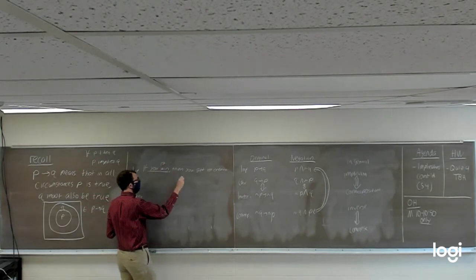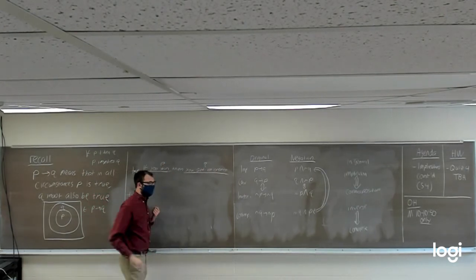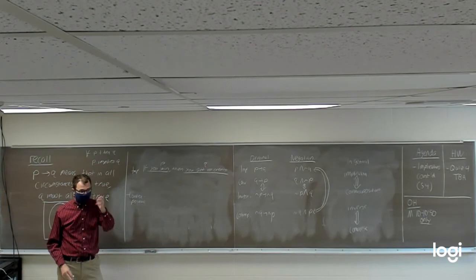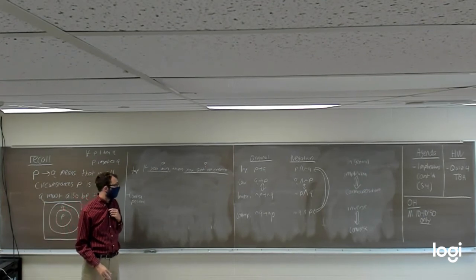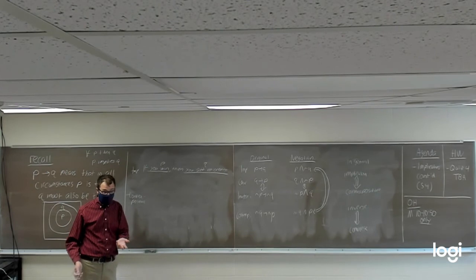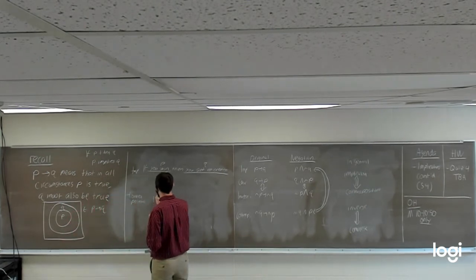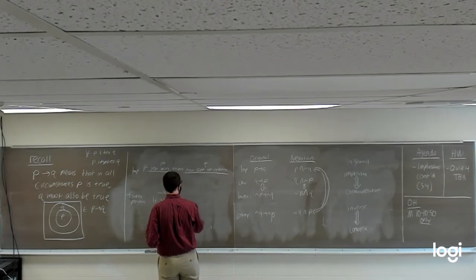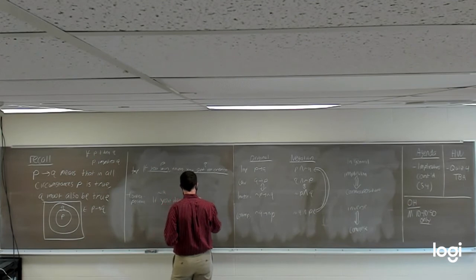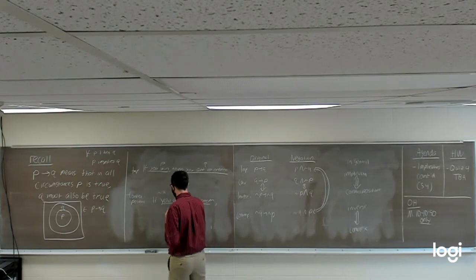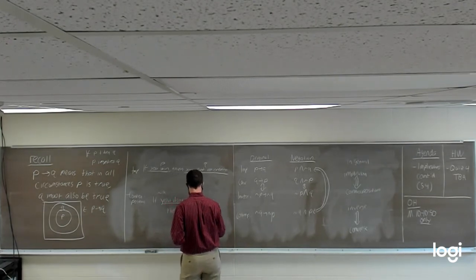Here the P is you win, and the Q is you get ice cream. If you don't get ice cream, then you didn't win. I like it. It's going to be not Q, so if you don't get ice cream, then you didn't win, the not P.